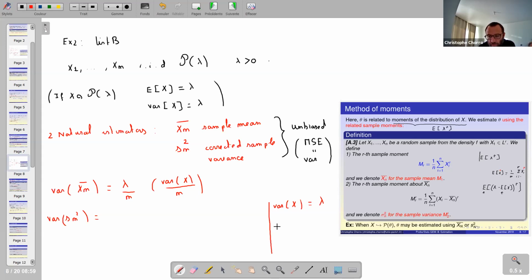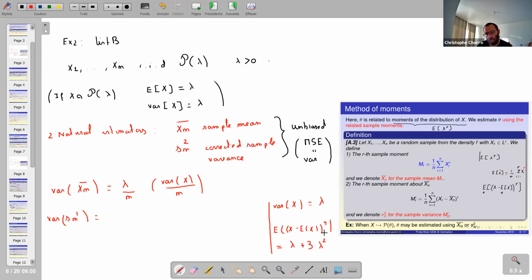They also give you the expectation of x minus the expectation of x to the power 4, which in the case of a Poisson is lambda plus 3 lambda square.